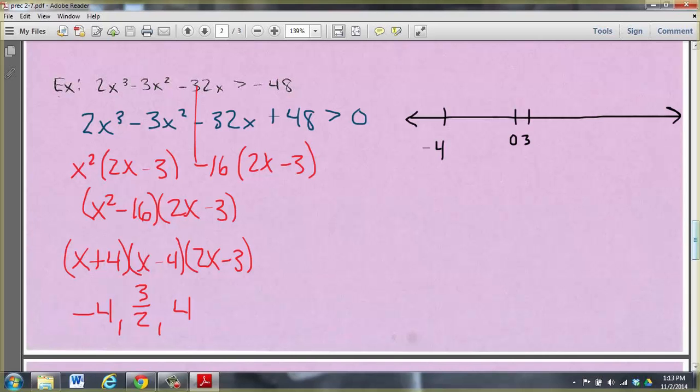And this is 3/2, and this over here is 4. So I'm going to test at -5, 0, and what's between 0 and 3/2? How about 1? And how about 5? So -5, 0, 1, 5.